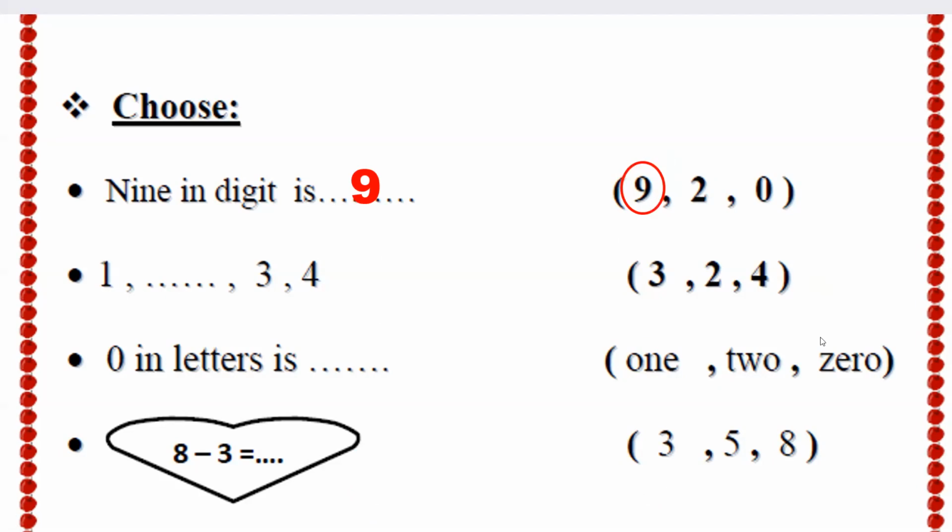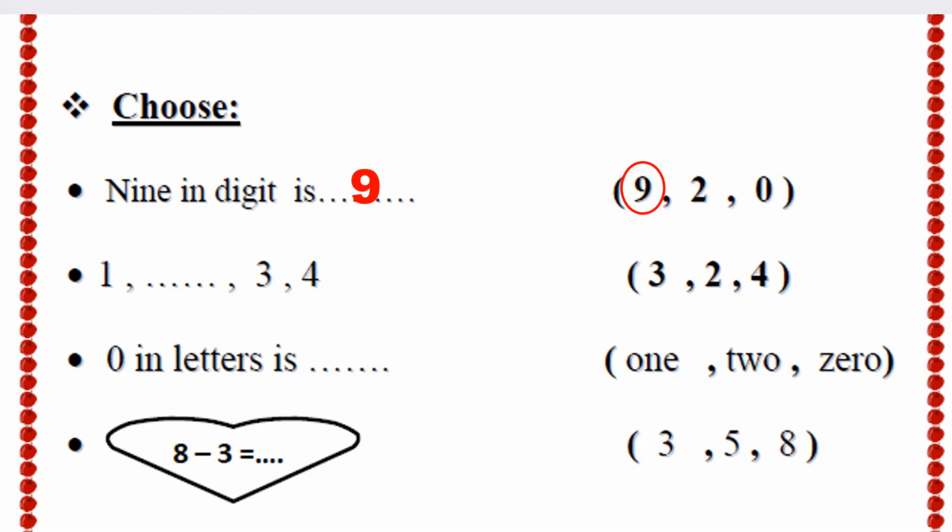Very good. Then I have 1, space, and then 3 and 4. Very good, Yasama. Yes, Yasin.